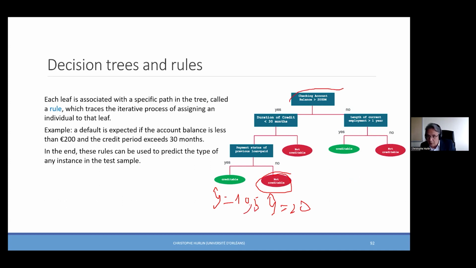And so, given the decision rule, I will forecast y is equal to 10.5 for all the individuals for which the checking account balance is larger than 200 euros, the duration of credit is smaller than 30 months, and who have paid their previous loan. For all these people, I forecast the same value of 10.5. Is this okay?